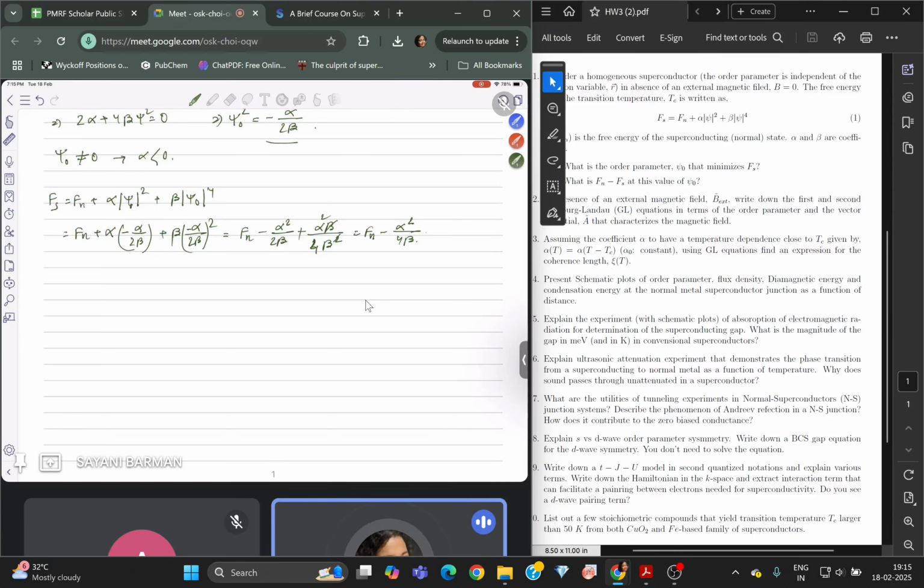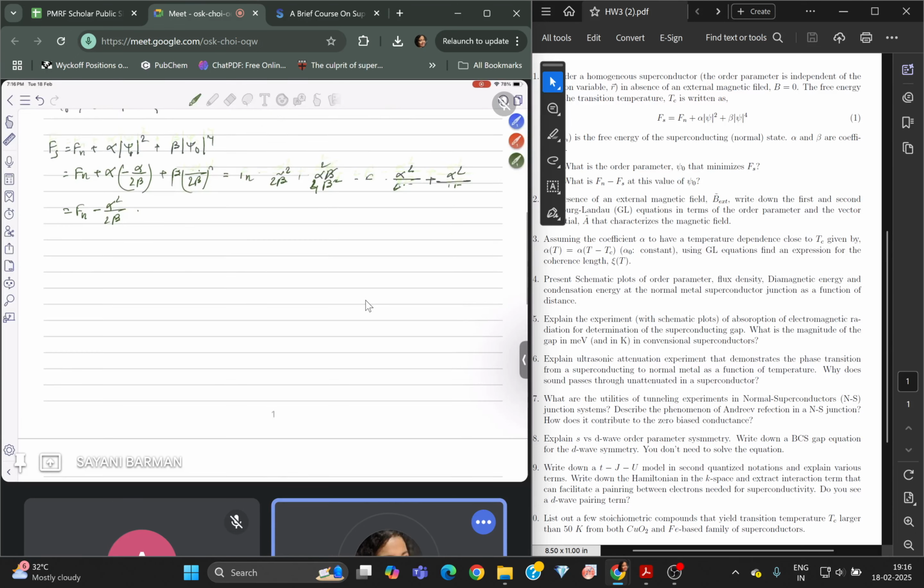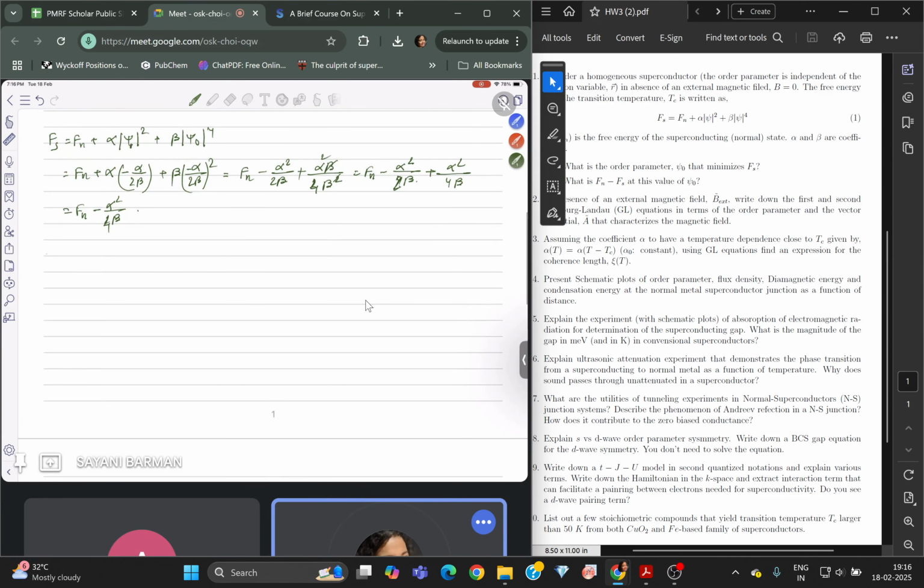This is alpha square, no? Plus, sorry, minus alpha square by 2 beta plus alpha square by 4 beta, means Fn minus alpha square by 4 beta. Hence, Fn minus Fs would be alpha square by 4 beta.